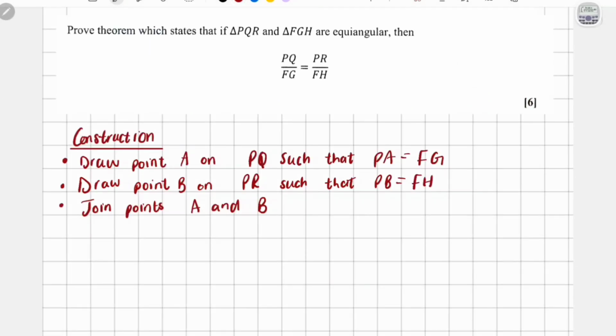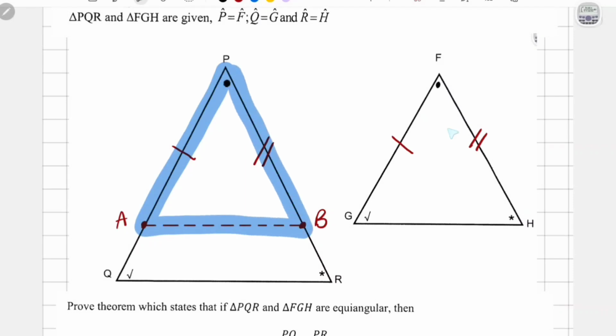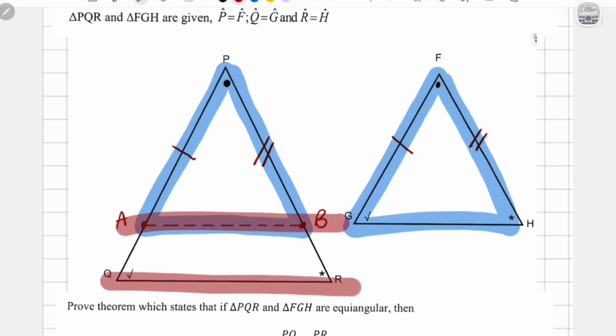We can get into proving. The next thing we're going to do is look at these two triangles, and we are going to focus on this triangle, PAB, and this other triangle, FGH. And why we're focusing on them is because we actually want to prove that this line AB is parallel to the line QR.